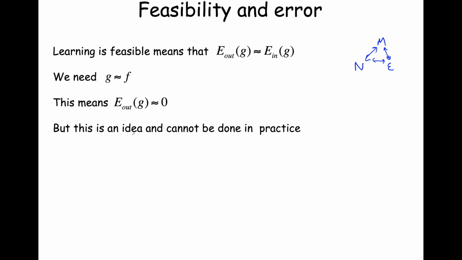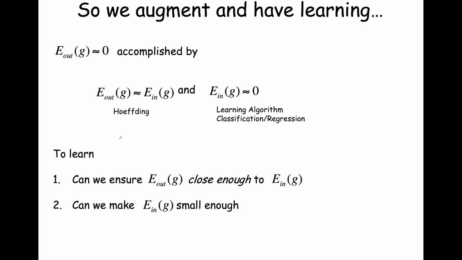But we can't do that in practice for the out-of-sample error of the final best hypothesis, g, because we don't know what that unknown probability is. We don't know what those values are out of sample. It's a theoretical concept. So what do we do in practice?